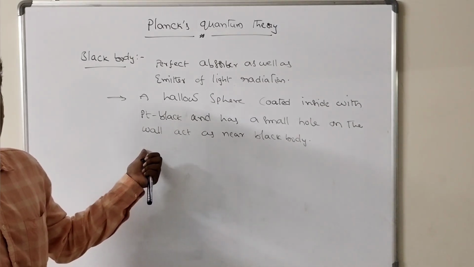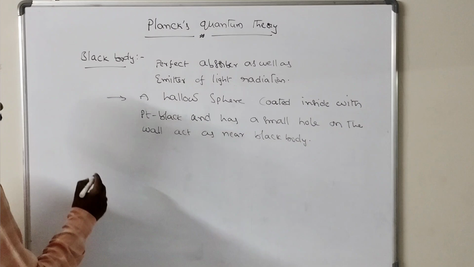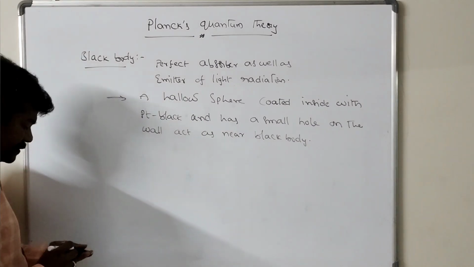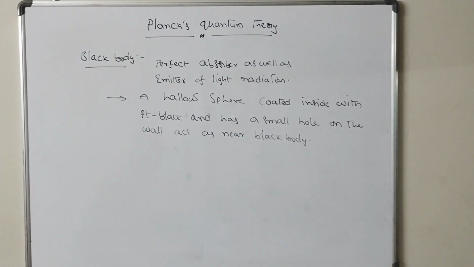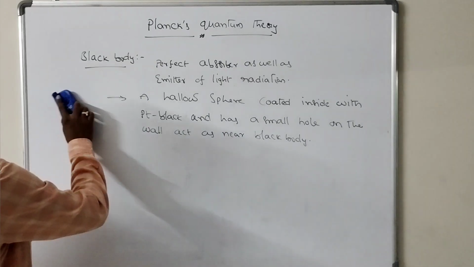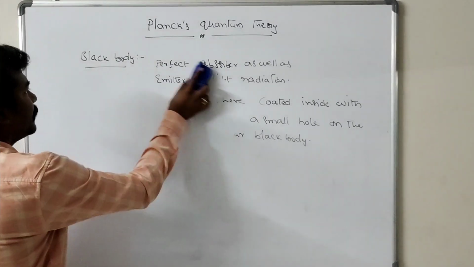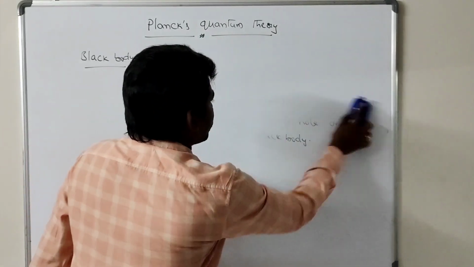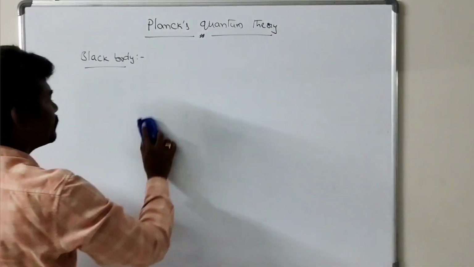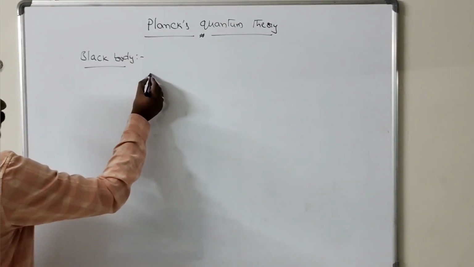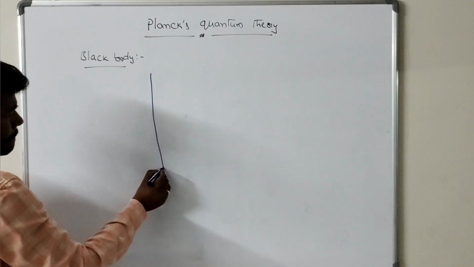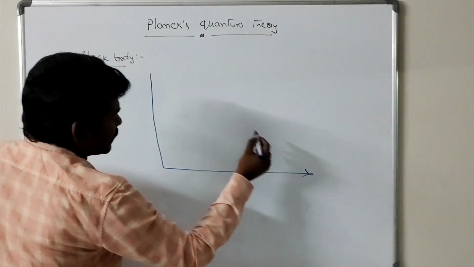So, let us see the graphical representation of light radiation intensity versus wavelength. We saw the graphical representation, or graph, between the wavelength and intensity of light radiation.